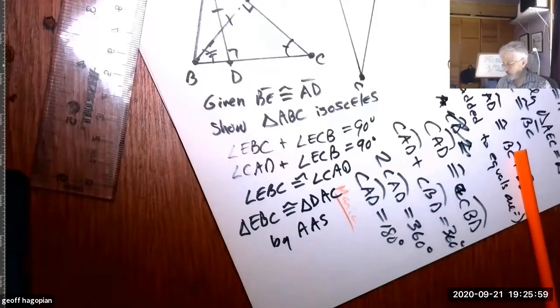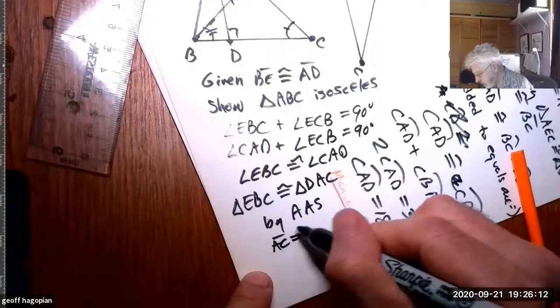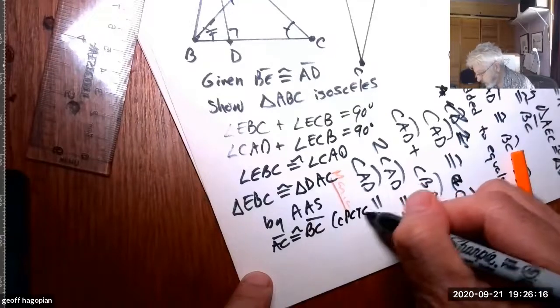And so corresponding parts are congruent. So AC is congruent to BC. Corresponding parts of congruent triangles are congruent.